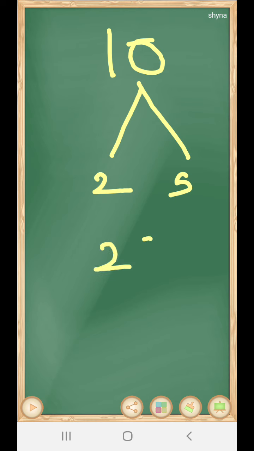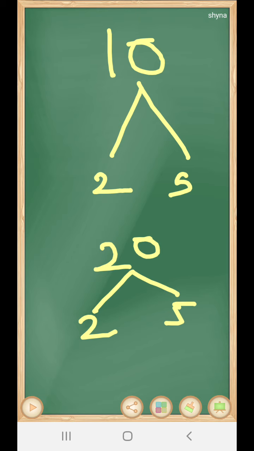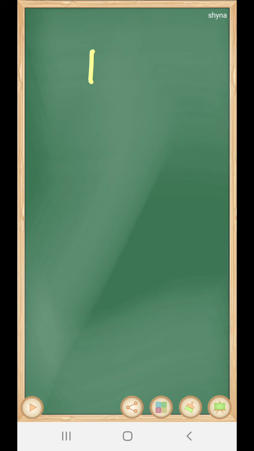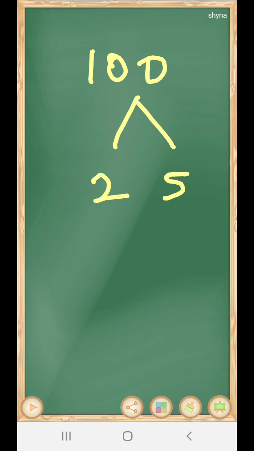For 20, what are the prime factors? 2 and 5. Then next, 100. What are the prime factors? 2 and 5. That means, generally we can tell if a number ends with 0, its prime factors are 2 and 5. 2 and 5 should be there. Is it?